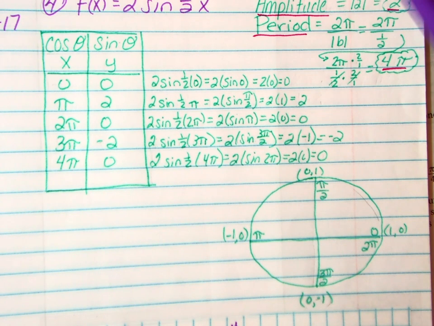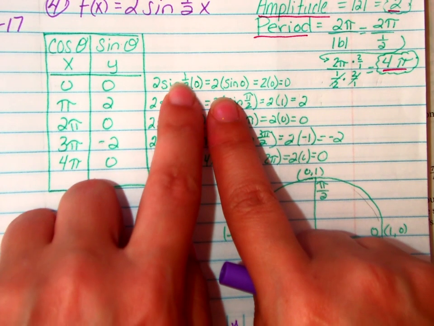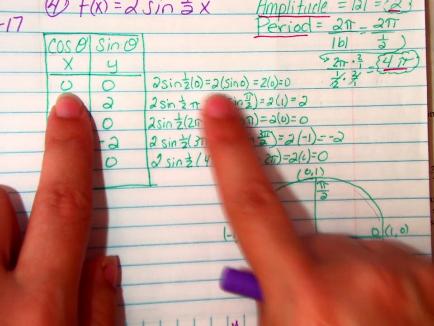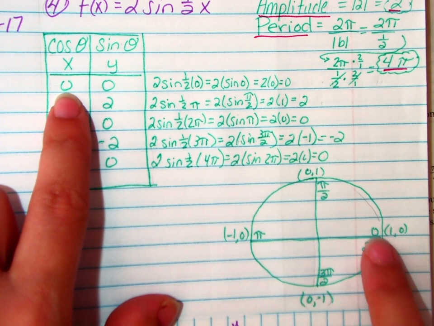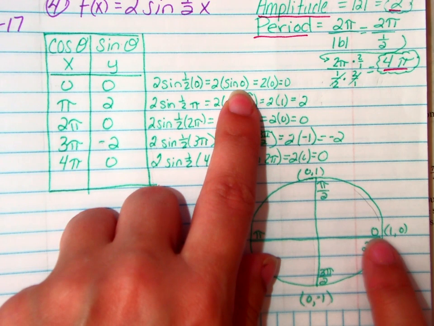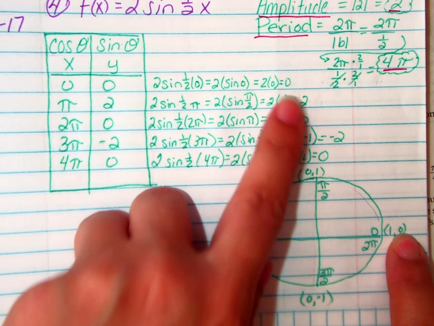I did the equation way. So I have 2 sine 1/2 x. I want to know what happens at 0. So if I go to 0 radians, what is my sine? My sine is 0. So 2 times 0 is 0.